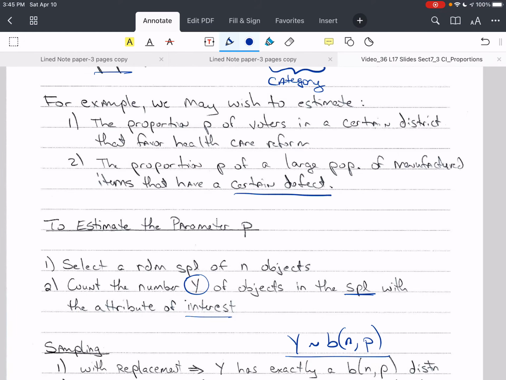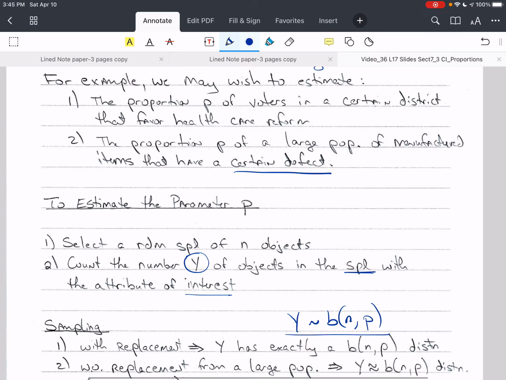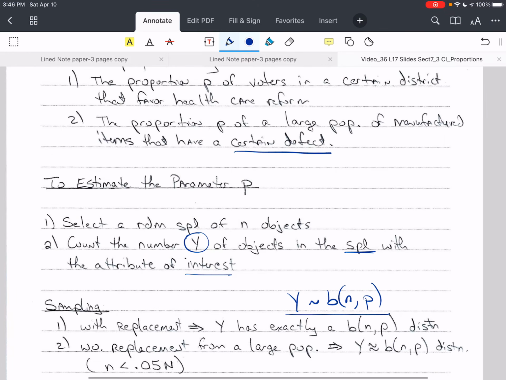Or what we normally do is sample without replacement, but from a large population. And then we can say that y has approximately a binomial distribution. But what are the rules for this? The rule is that little n, our sample size, has to be less than 5% of the population size.